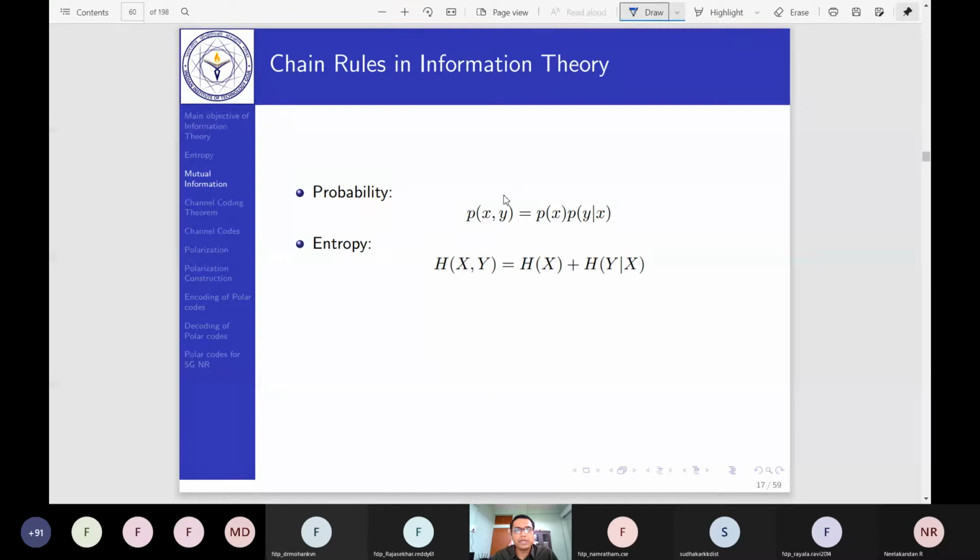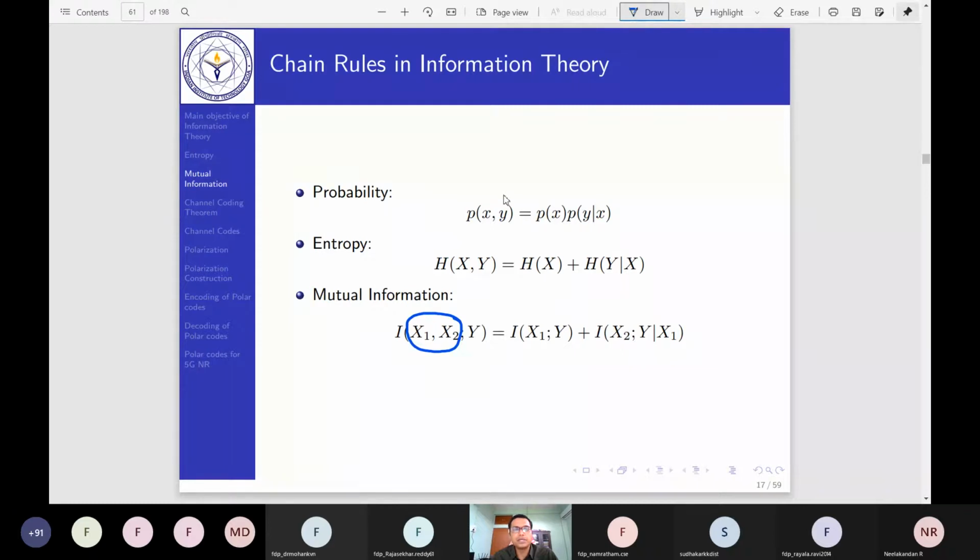This is the chain rule of probability for two random variables only. For entropy, the chain rule is like this: the joint entropy is equal to the entropy of one random variable plus the conditional entropy of the second random variable, given that the effect of the first random variable is already taken into consideration. The mutual information is also like this. So you consider x1 and x2 as one object.